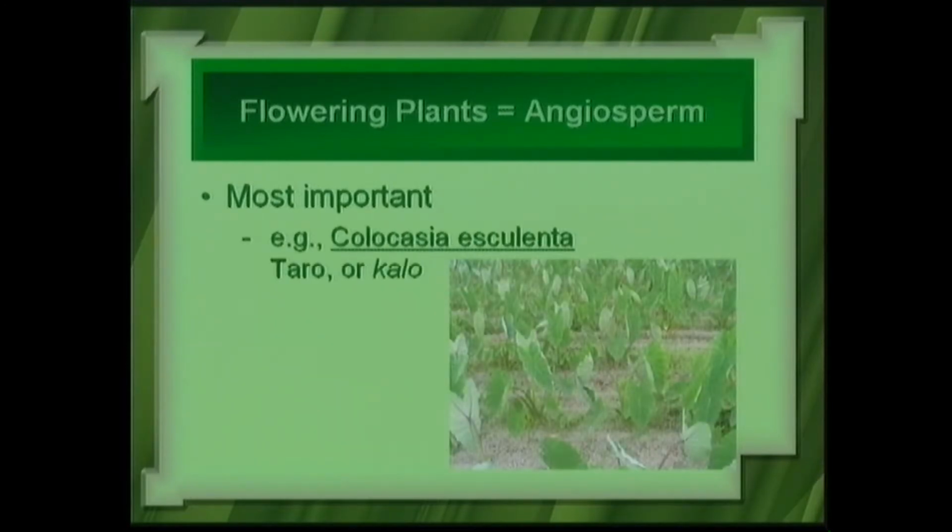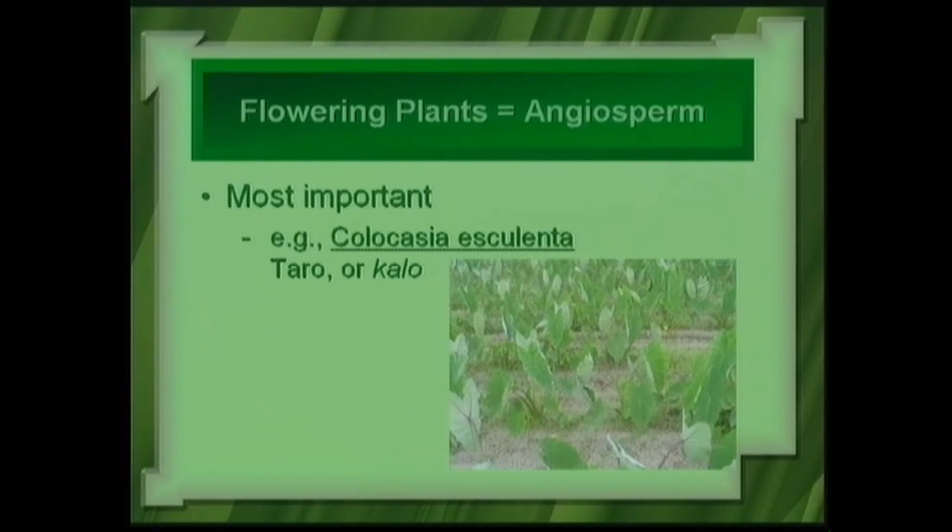Another example, a very important plant in native Hawaiian culture, is taro, also known as kalo. Very nice image here. You can see those nice big heart-shaped leaves. The name of this plant is Colocasia esculenta. That is a Latin name.